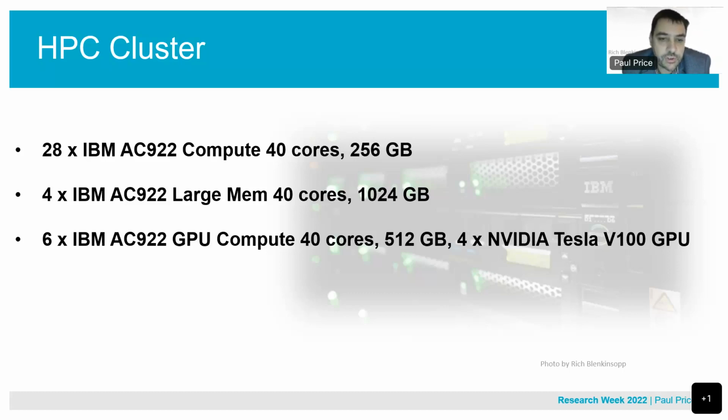Well, it turns out that GPUs are also really great at some math calculations, and they can really speed up some computations by a massive amount, which I'll give an example of later. We got six of those. Each one has 4 Tesla V100 GPU cards in it. We're very excited to have that and the ability to offer it to our researchers.